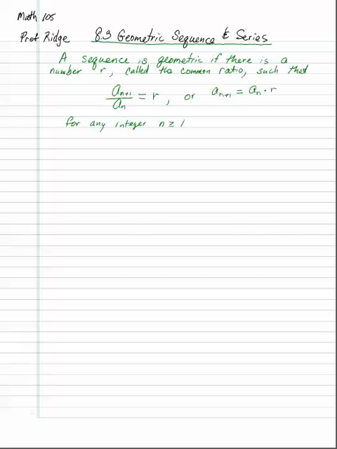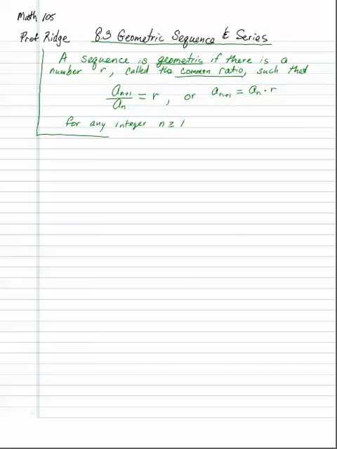A sequence is geometric if there's a number r, called the common ratio, such that a sub n plus 1 over a sub n equals r, or a sub n plus 1 equals a sub n times r, for any integer n greater than or equal to 1.